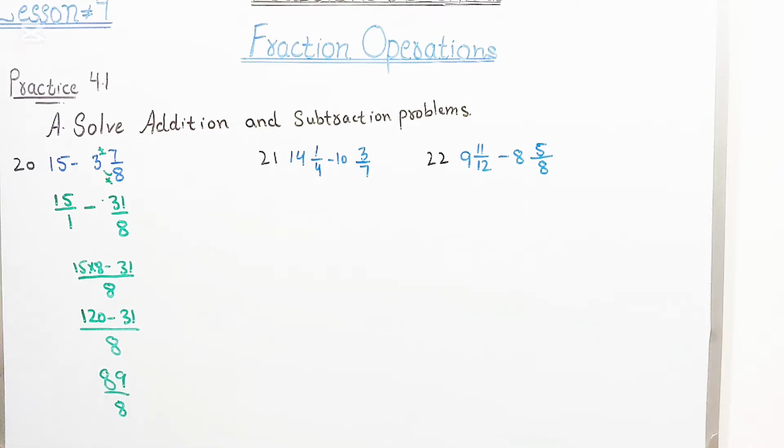When we divide them, 8 1s are 8, 9, 8 1s are 8, remainder is 1. My final answer is 11, the whole number, remainder 1 over 8.